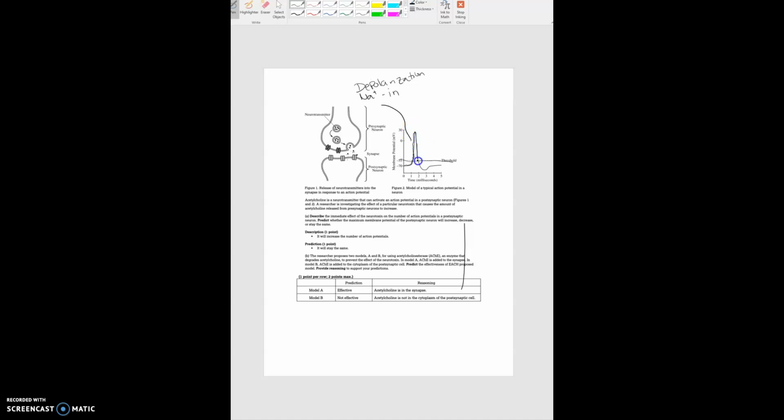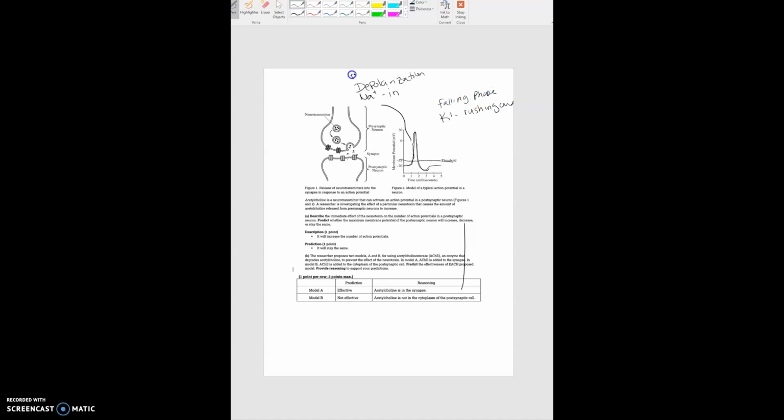And so when we're talking about this side of our graph, remember that it becomes so positive on the inside that the potassium starts rushing out. And here, this is our falling phase. And I should have included this.